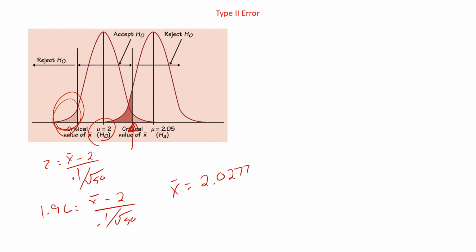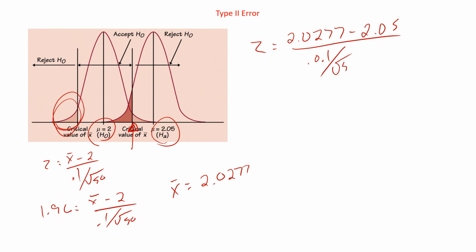So now we want to know what's the probability of accepting this if this other hypothesis, this 2.05, is true. So we're going to now do the same basic calculations, but we're going to find the probability. So now we're going to find z equals 2.0277 minus this new hypothesis, 2.05, over the same 0.1, not 0.01, 0.1 over root 50.